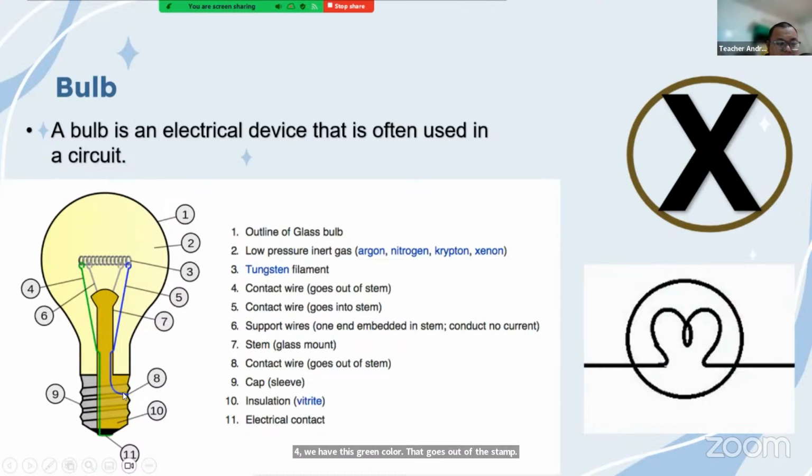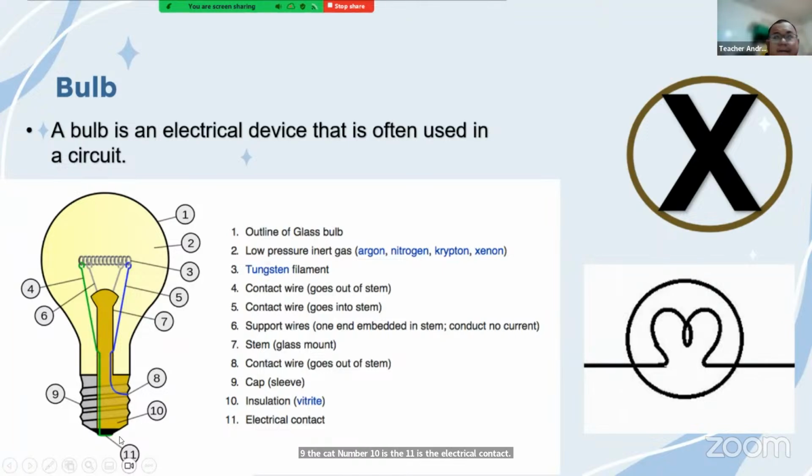Number five, we have this wire that goes into the stem. Then we have support wires, number six. Then number seven, the stem. Then number eight, the contact wire, followed by number nine, the cap. Number 10 is the insulation, and number 11 is the electrical contact.